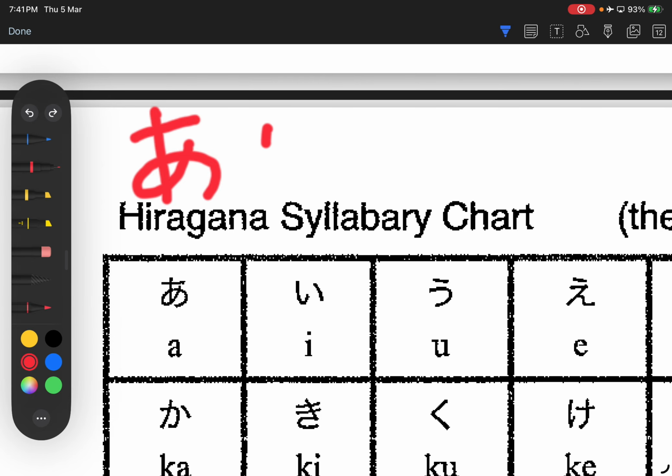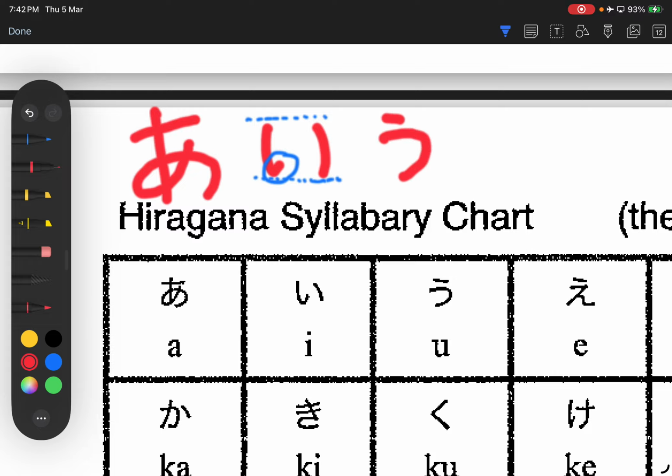For this one, I will have a very slight hook up over here, and then the length should be about the same. The height and the base should be roughly the same. So this is "e". Then we have "u".